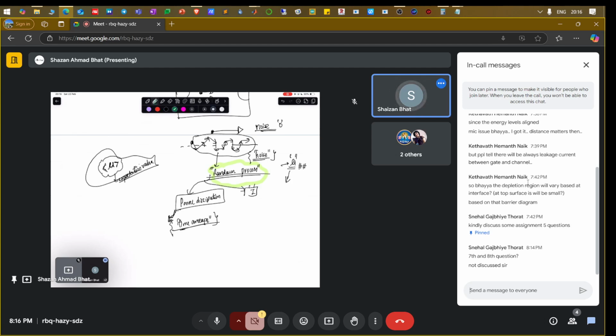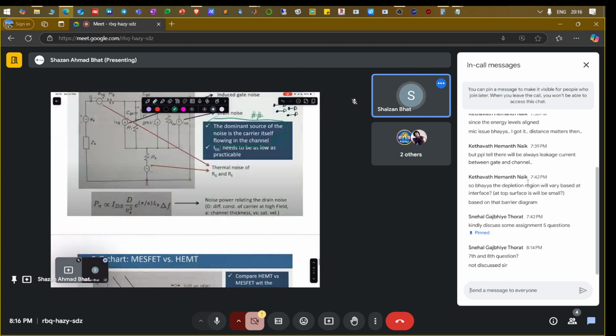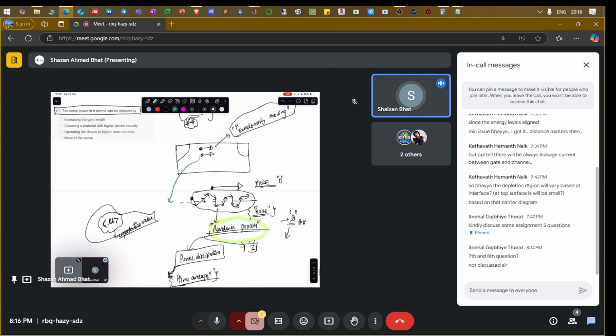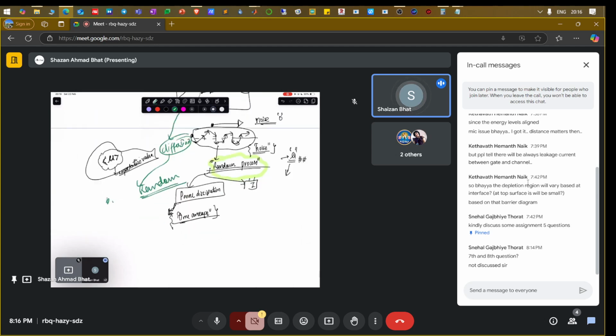Why? Because you see that this term is here. Where is that? Diffusion. Because they are also diffusing, and diffusion is a random process. Whenever you have an electron diffusing towards this layer, it's totally a random process.